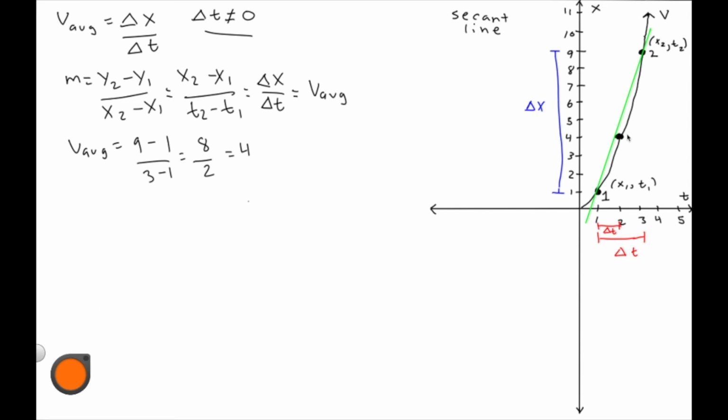So here's our new point 2 over here. And now we have a new x sub 2 and a new t sub 2. And so if we were to draw a line in between these 2 points, we would get a new secant line.